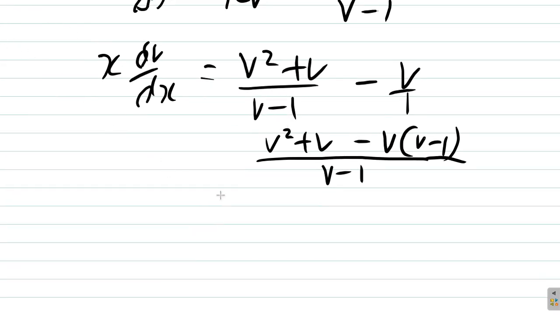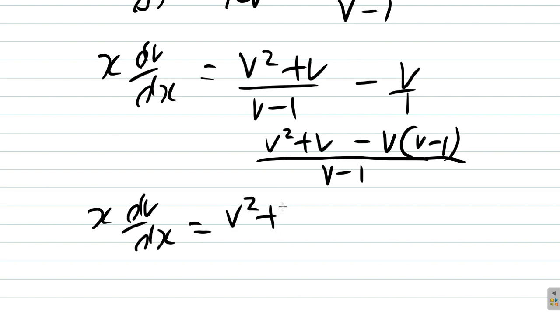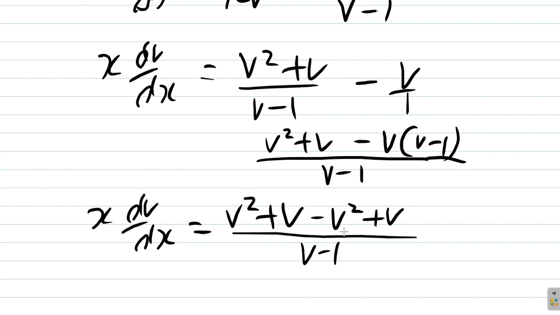So x dv by dx equals, what happened here now? V squared plus V, negative V times V would be negative V squared. Negative V times negative 1 would be positive V over V minus 1. But the negative V squared minus V squared, that's gone. V plus V is 2V. 2V over V minus 1.